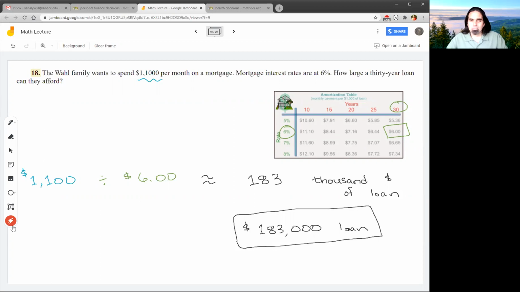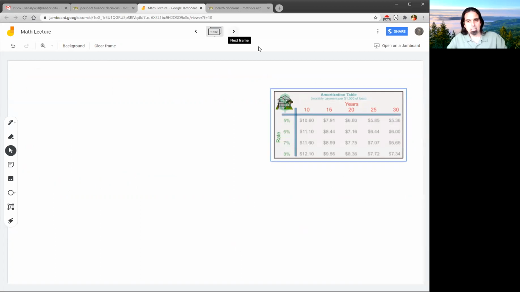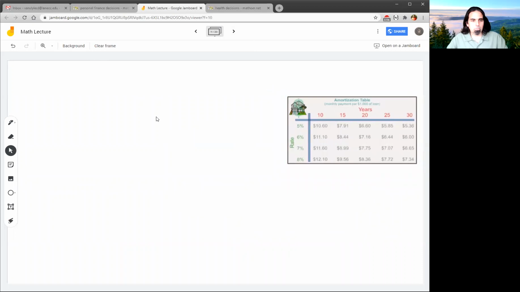Can we do another example of that? Sure. So let's make it up. How much do you want to spend per month in this problem? Let's do like 13,000. Okay. And then tell me how many years and what rate.